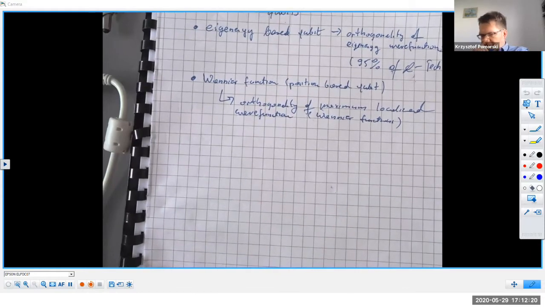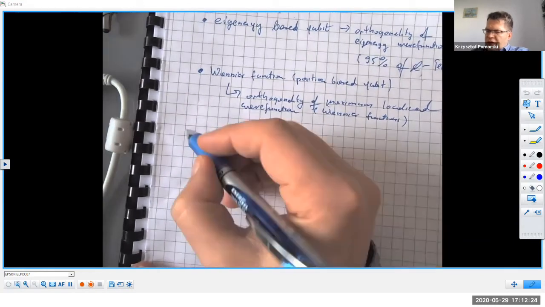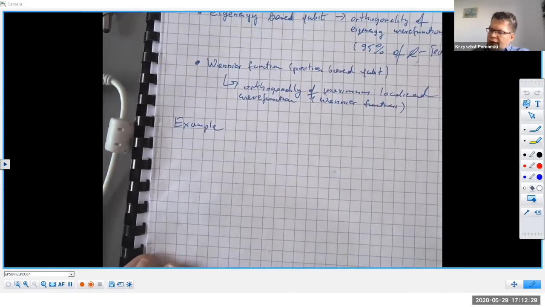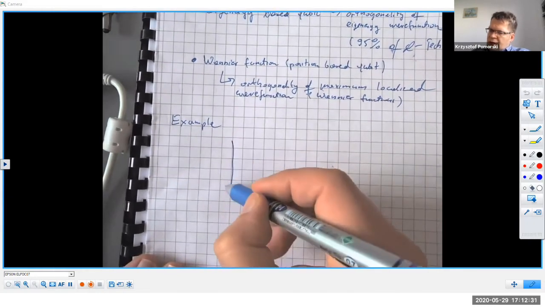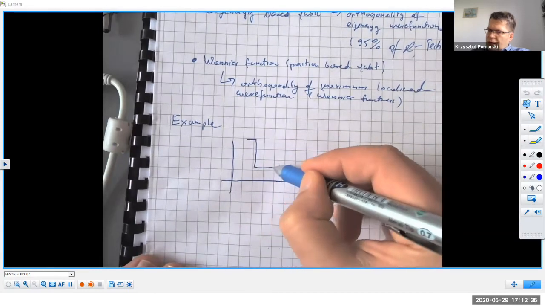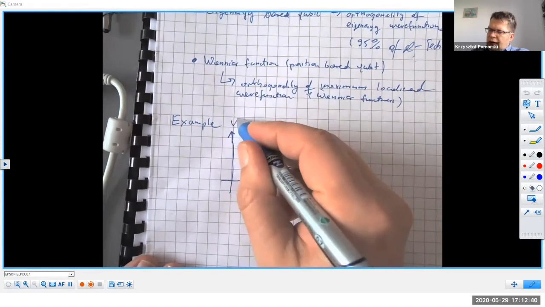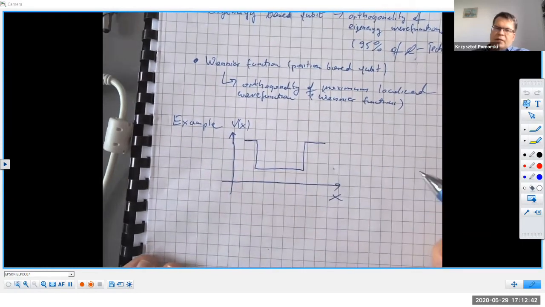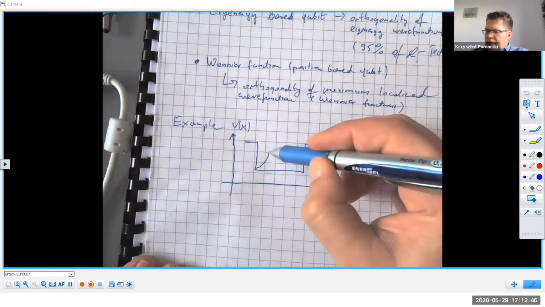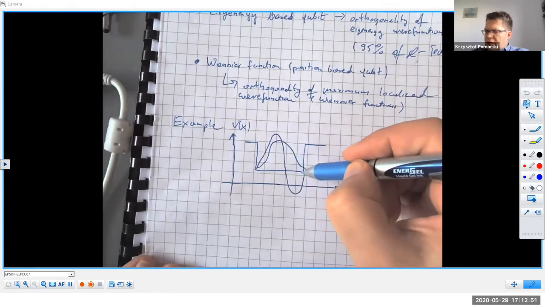So what is the difference? I will give you an example. Let us consider an effective potential of such a shape. Let's say this is V(x). Then there are various solutions.